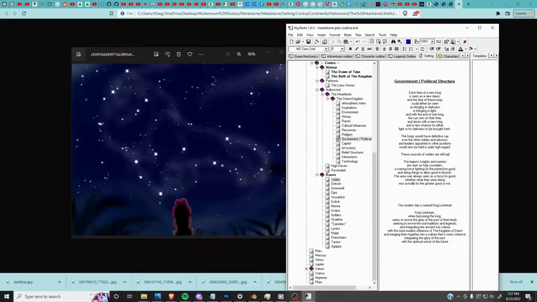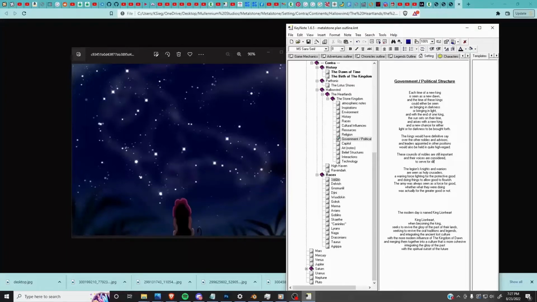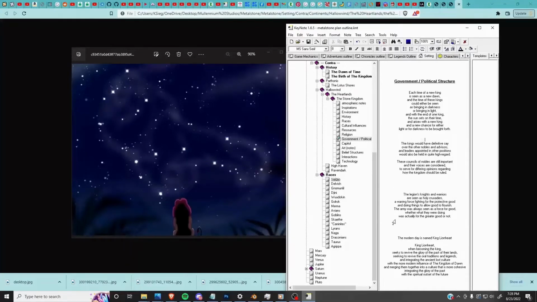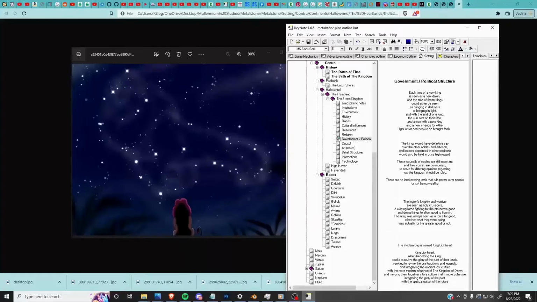These councils of nobles are still important, and their voices are considered to serve for differing opinions regarding how the kingdom should be ruled. So because of all this, unlike medieval culture in the real world, I wouldn't say that you would have vassals and lords that lord over people under the king just because they're rich and powerful.